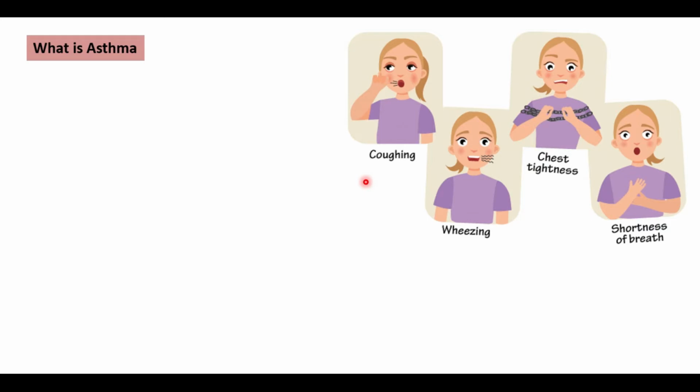First of all, what is asthma? Asthma is a disease that affects the lungs. It is one of the most common long-term diseases of children, but adults can also have asthma. Asthma causes wheezing, breathlessness, chest tightness, as here, and coughing at night or early in the morning.